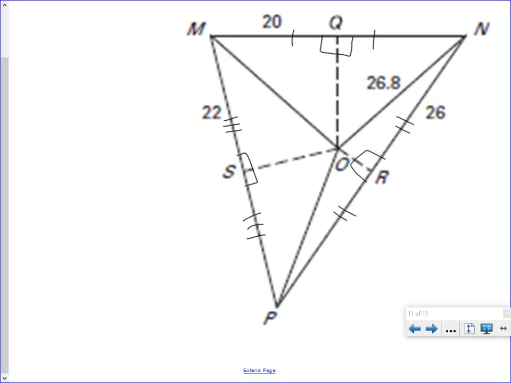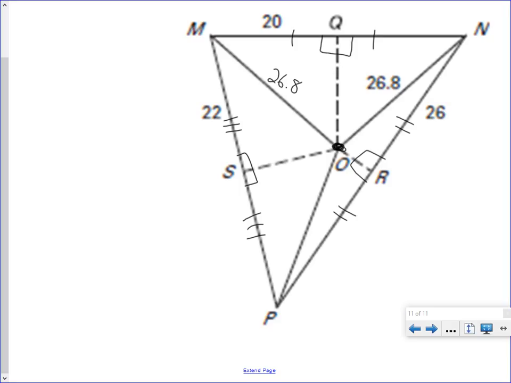Now, if I know that this is the point that's on the perpendicular bisector, what do I know about ON and OM? They're equal. They have to be equal. So if ON is 26.8, what's OM? 26.8.